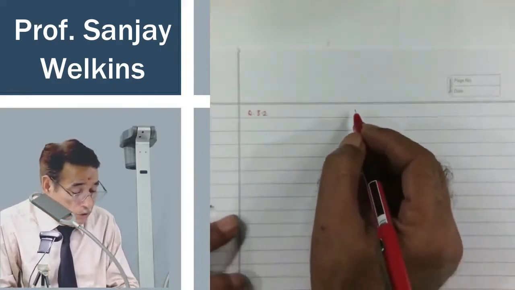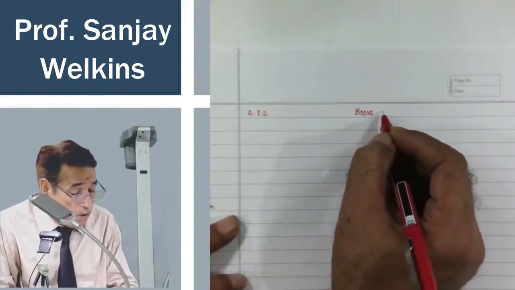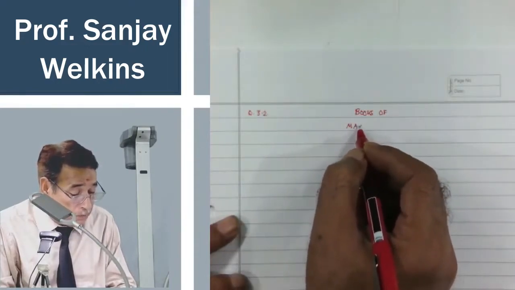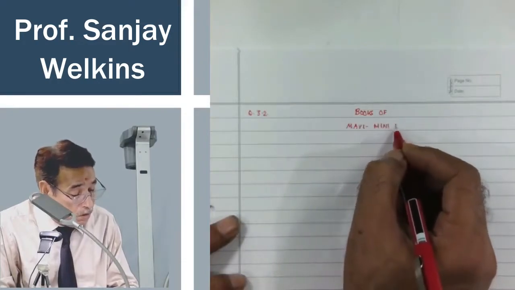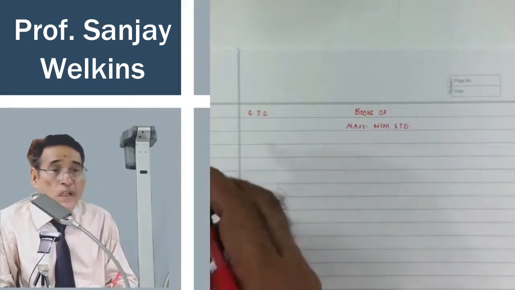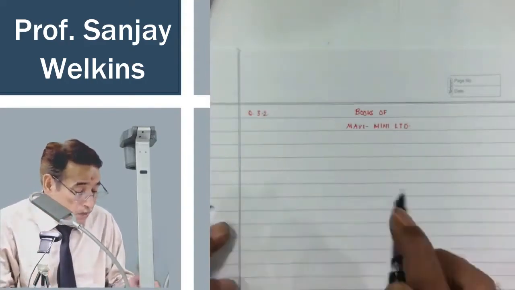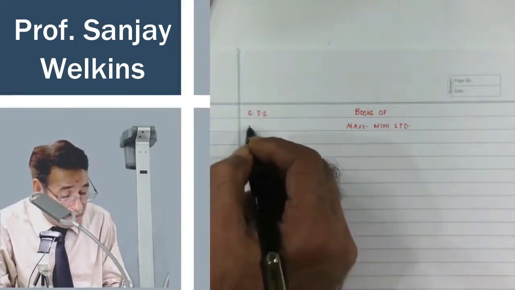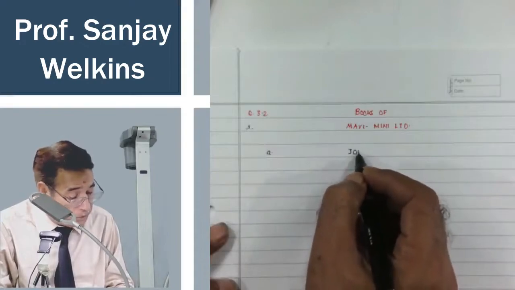And first of all, books of Maxi Mini Limited. This is the demerged entity. Now, in order to frame the books of Maxi Mini Limited, first of all, I need to prepare the journal. This is our step number 1. We are preparing the journal.